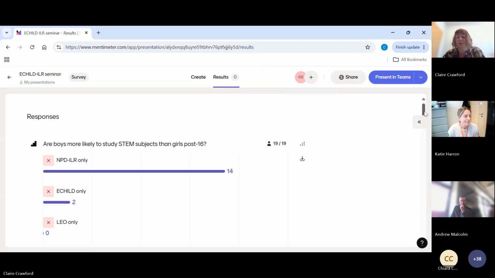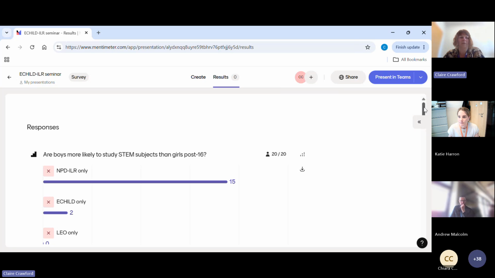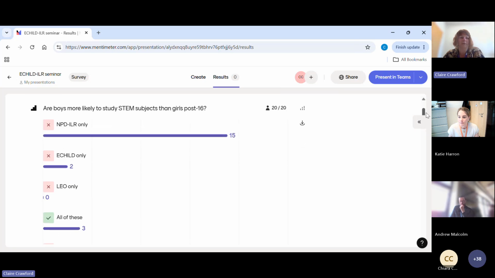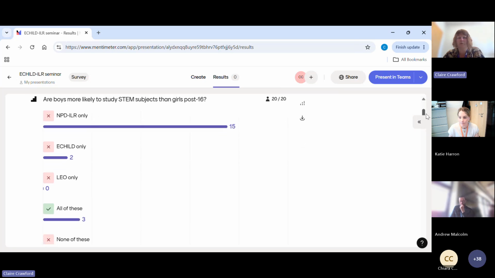Can people see the screen that's got the Menti results on it? Hopefully it should just look like a web page, nothing more sophisticated than that.